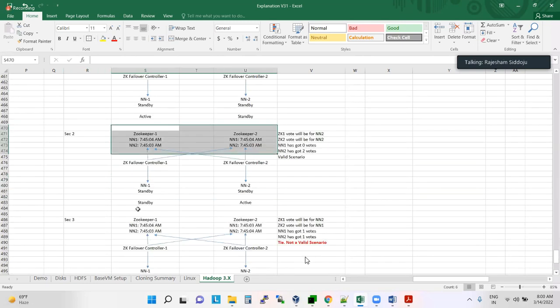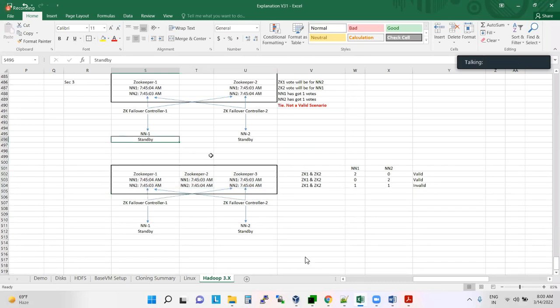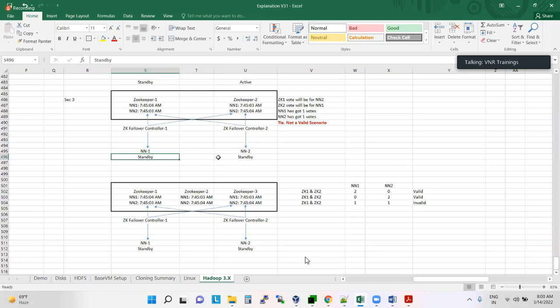Then one should be standby and one should be active. Who will make zookeeper 1 active and zookeeper 2 standby? Will you bring one more zookeeper to decide which should be the active zookeeper and which the standby zookeeper?